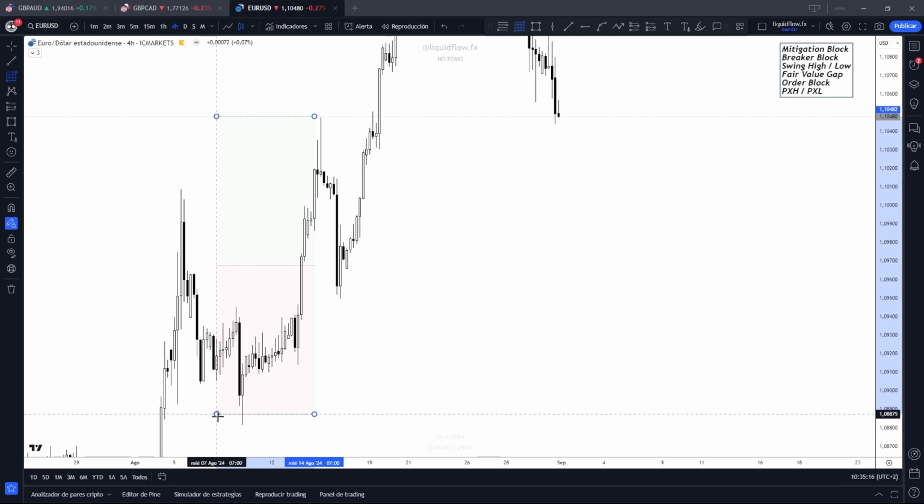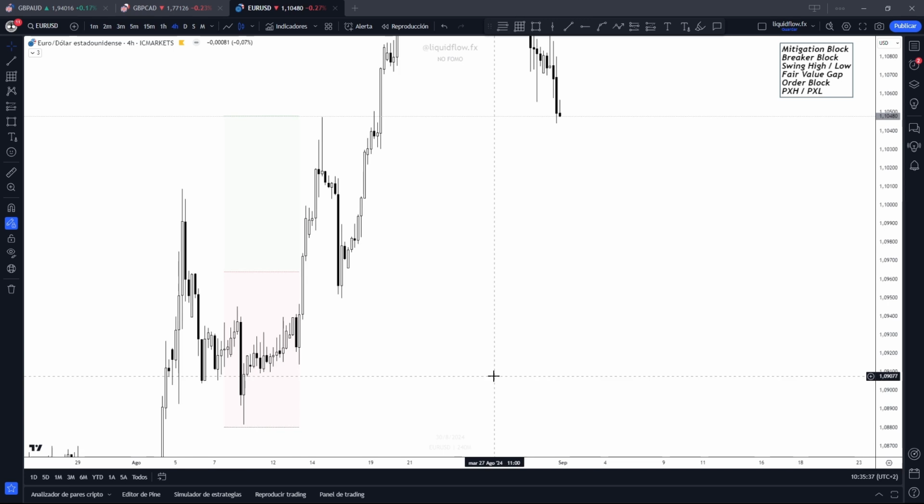So my recent leg, in this case, will be this one, but you can also use this one because, as I say, when you have one expansion movement, that is the swing low that you want to be holding. But let's use, in the traditional way, this one and this one. Okay, what we can see here, we have expansion. You could say, okay, it will sweep with this one. Yes, but you have a huge expansion above it.